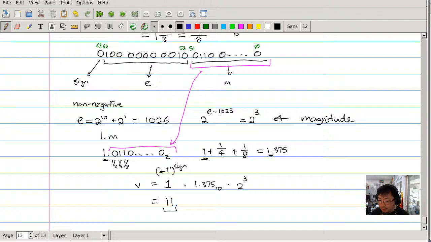In this case, Tech makes this kind of crazy claim that we are using these 64 bits in this particular format, and in the end, it is representing 11. I'm pretty sure there are some online resources that will allow you to plug in all the bits to give you the exact value of what it is representing.